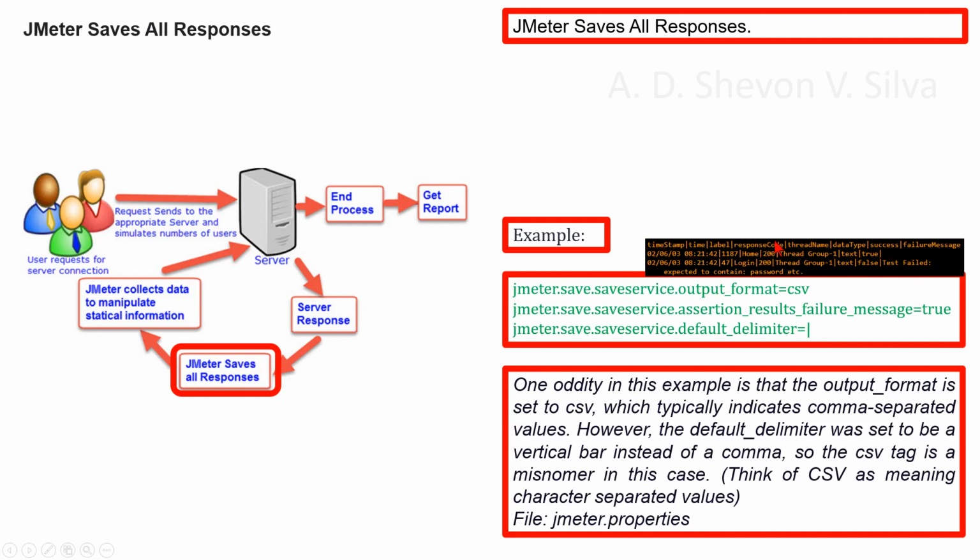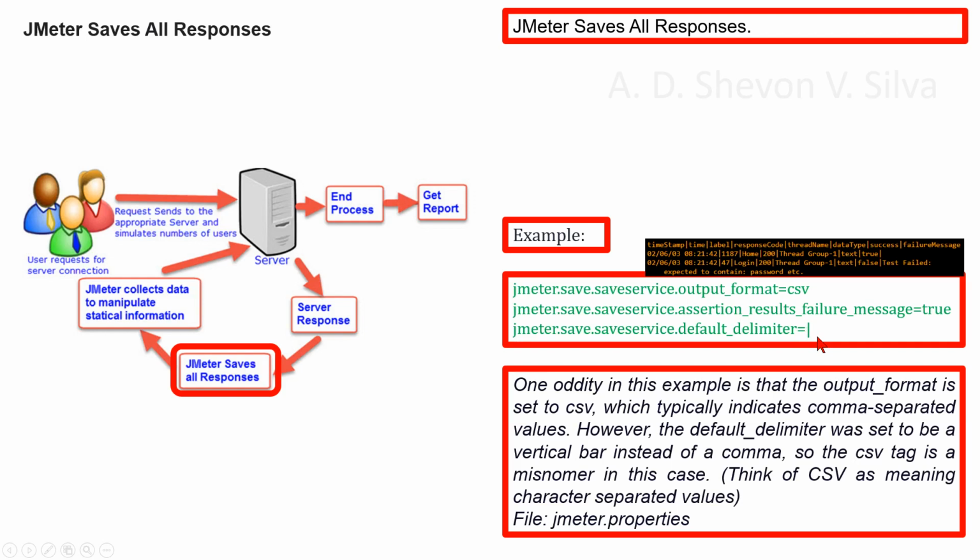This is the result, and the corresponding JMeter.properties that need to be set are shown here.